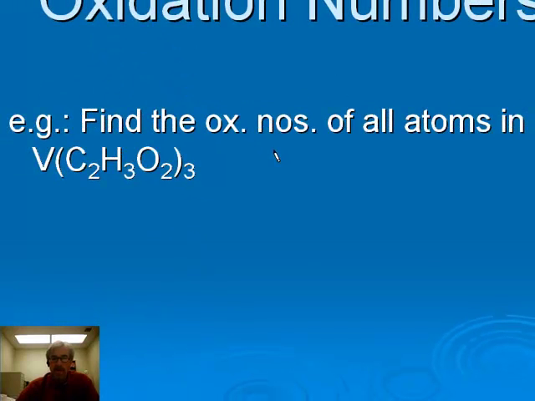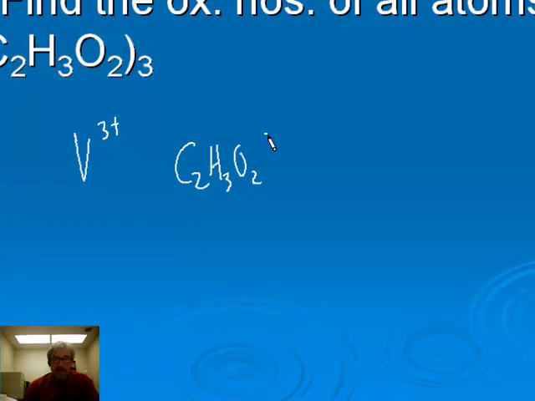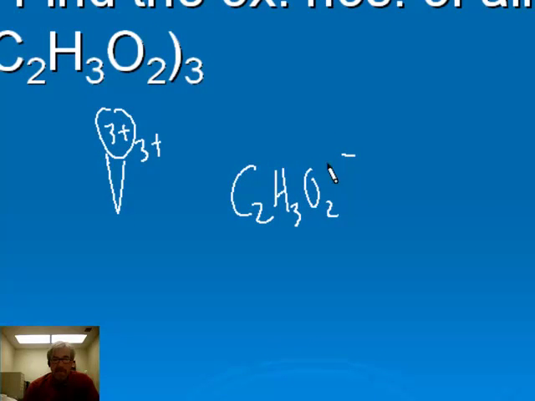One more. Vanadium 3 acetate. This is an ionic compound. I'll split it up into its 2 ions. Vanadium here must be a 3 plus because acetate is a 1 minus and it takes 3 of them to neutralize. The other ion is C2H3O2 with a 1 minus charge. Well, vanadium's easy because it's a monatomic ion, so 3 plus is the oxidation state.